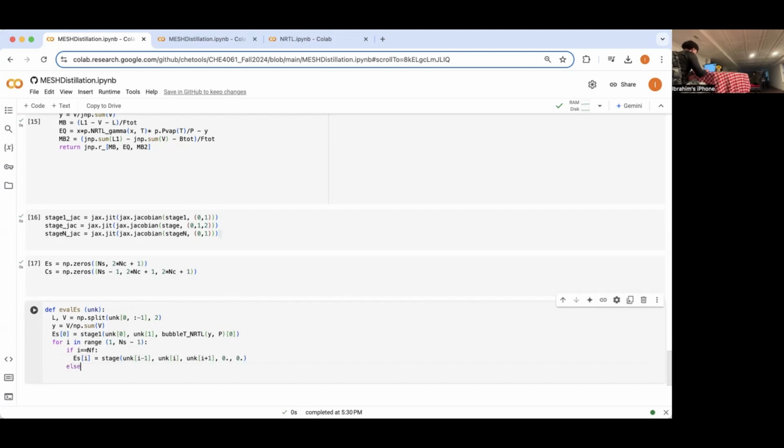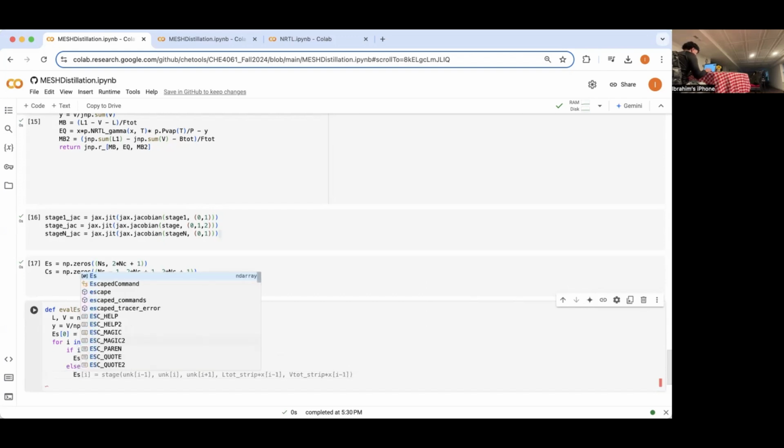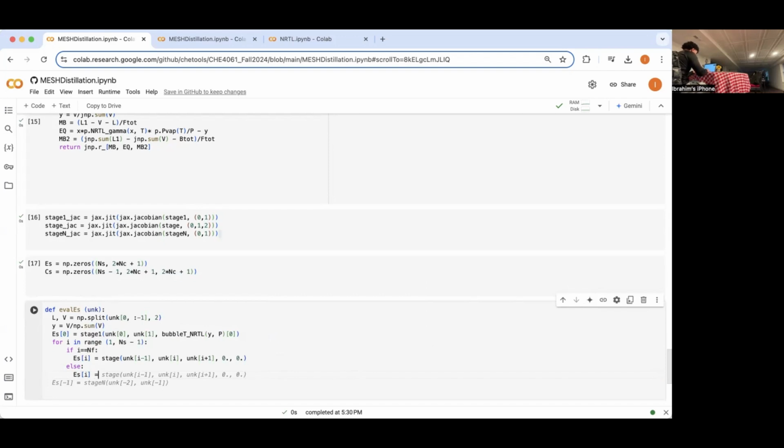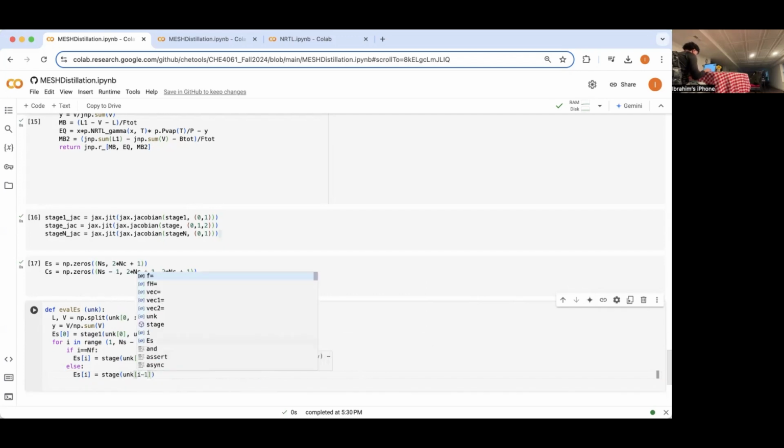Sorry. And then we're going to have an else function. So if this doesn't happen, we're going to have ES i equal to stage unc i-1. So as of now it's the same, I believe.